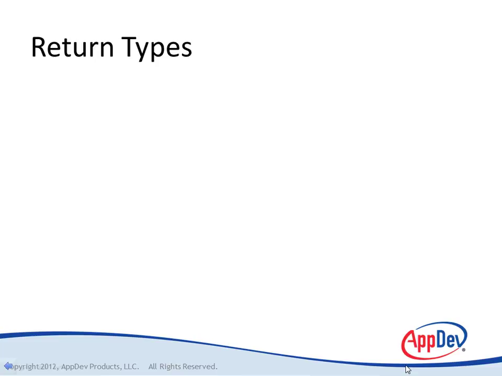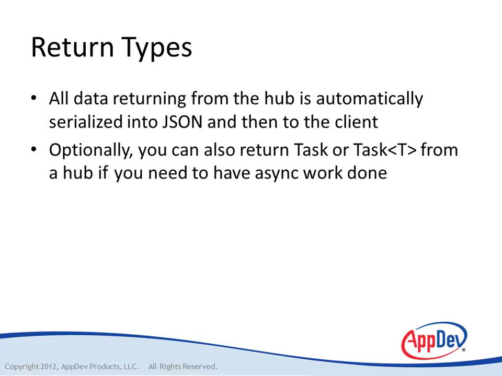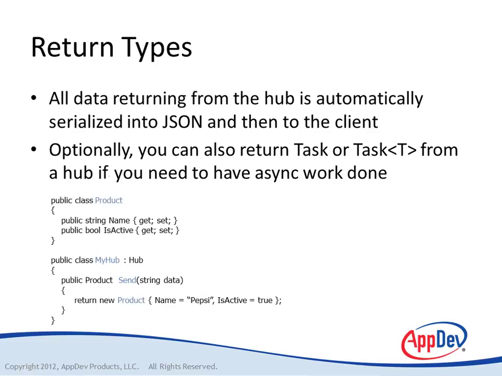Now we're going to look at return types from the hub. All data returning from the hub is automatically serialized into JSON and then handed off to the client. Optionally, you can also return Task or Task with generic from a hub if you need to have async work done. Here's an example of code. Here we have a public class of Product with two properties, Name and IsActive.